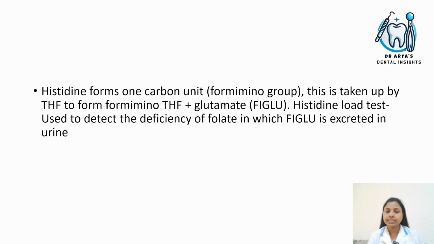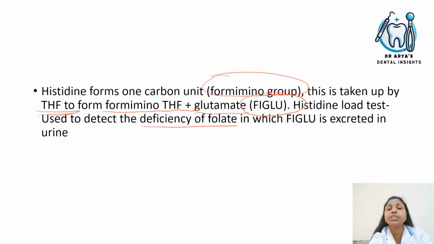So histidine forms a one carbon unit, that is formimino group, and this is taken up by tetrahydrofolate to form formimino tetrahydrofolate and glutamate, that is known as FIGLU. Okay. The histidine load test is used to detect the deficiency of folate, in which FIGLU is excreted in urine.